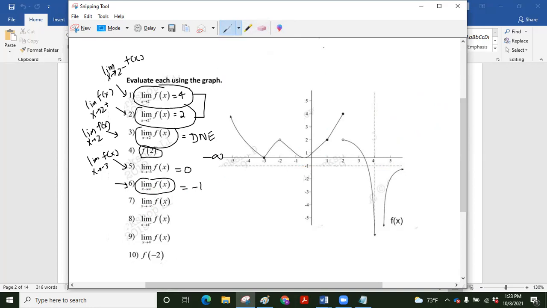And we're going to continue this here. What is the limit as x approaches negative infinity? In this case, we're going this way. In the case of positive infinity, we were approaching a horizontal asymptote.